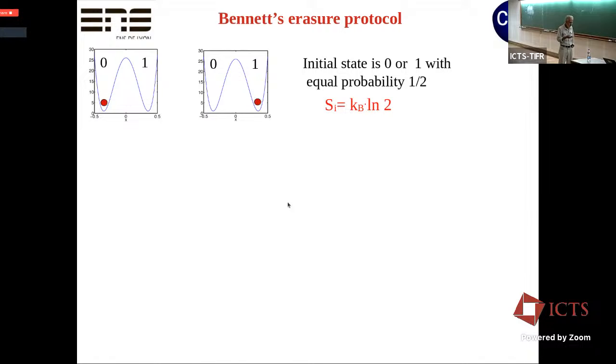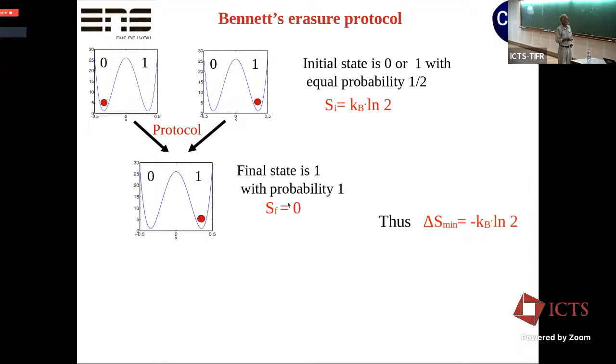Now, you find a protocol, any protocol that allows you to force the particle to be in the state 1 at the end of the protocol, okay? So at this point, if the state is 1 with probability 1, the entropy of the system is 0, okay? And thus the difference of entropy between the initial and final states is minus kB log 2, okay?